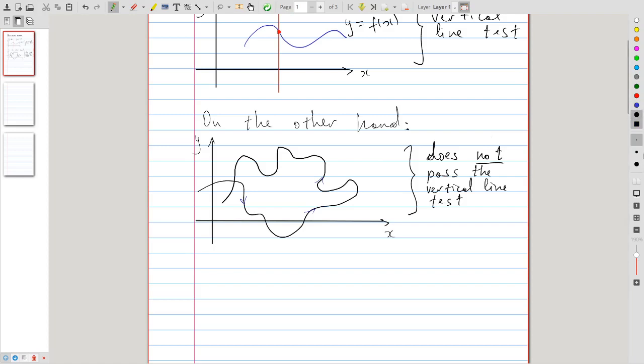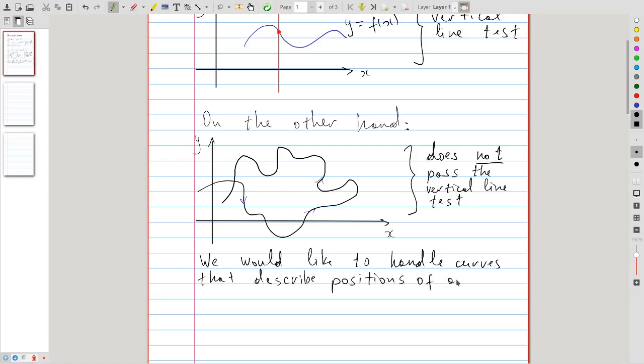So in other words, we would like to handle curves that describe positions of an object in the plane as a function of time.